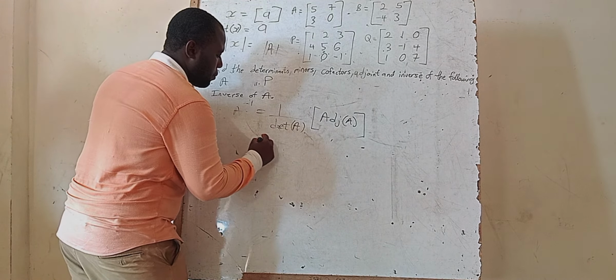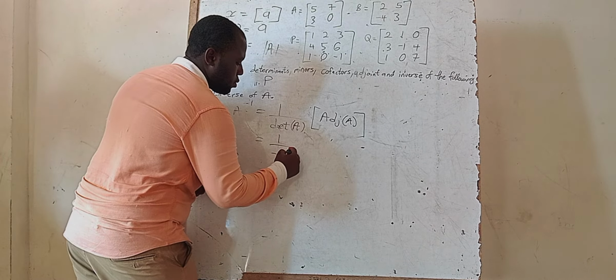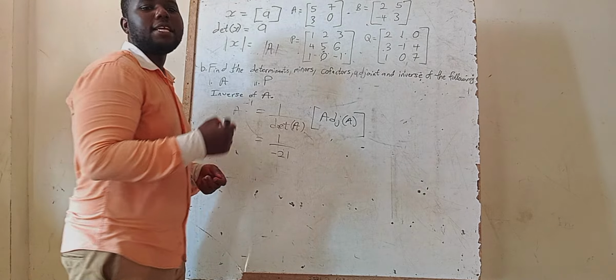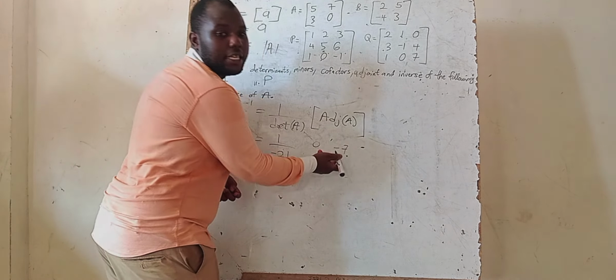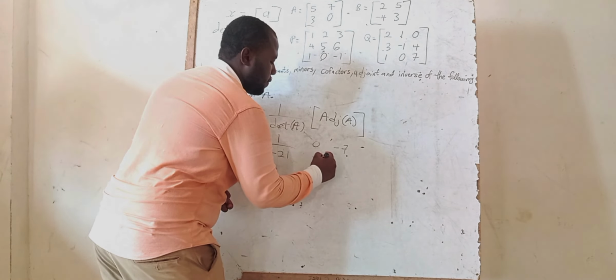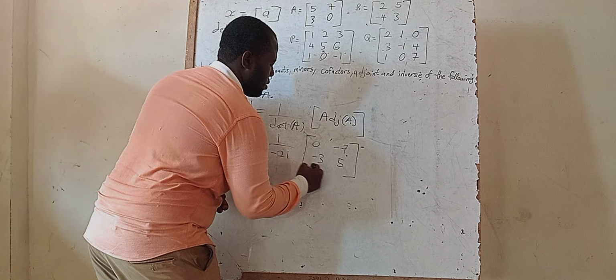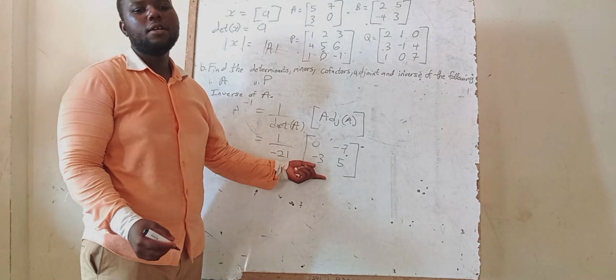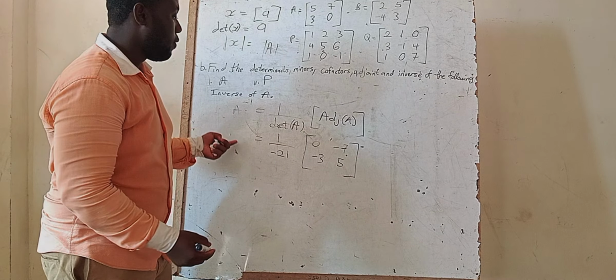So it will become 1 over minus 21. And the adjoint was like this. Here was 0, here was negative 7, here was negative 3, and here was 5. So this was what we found earlier to be the adjoint of A.